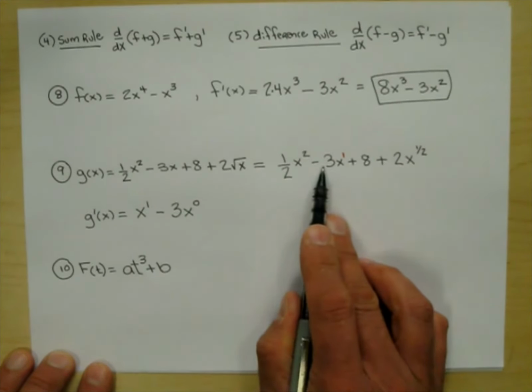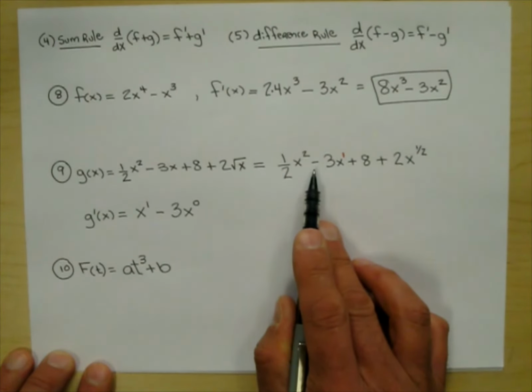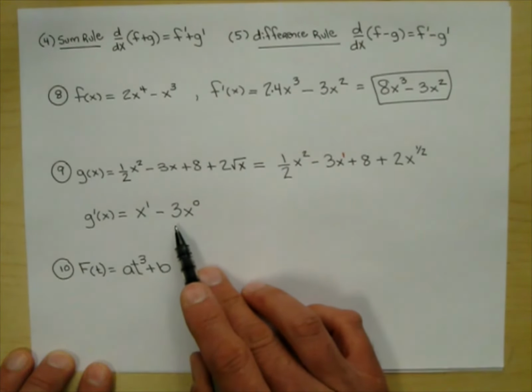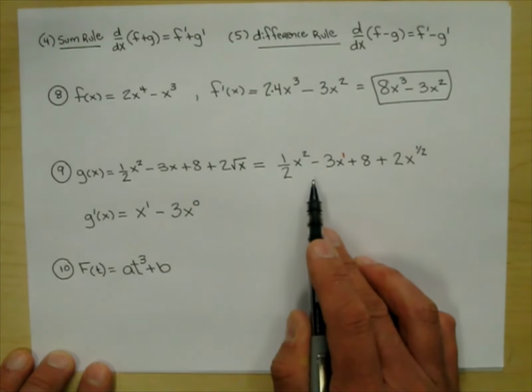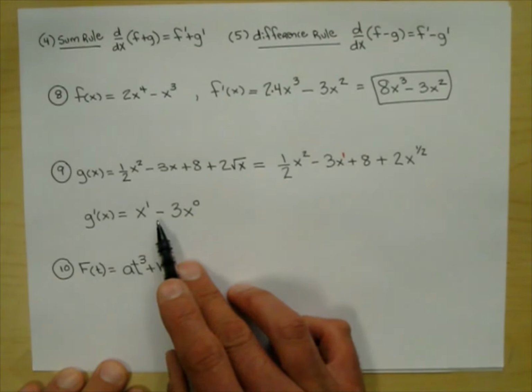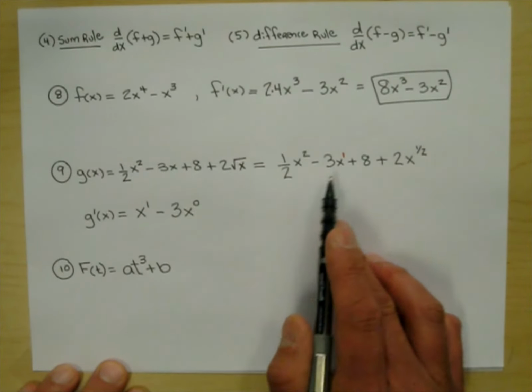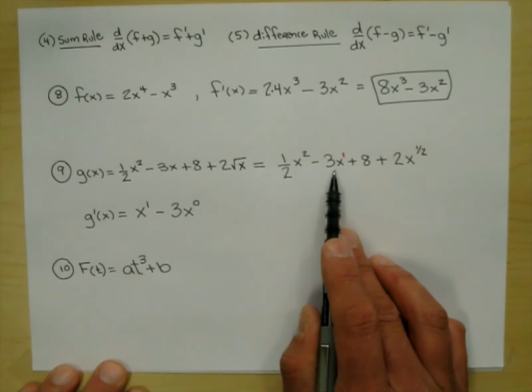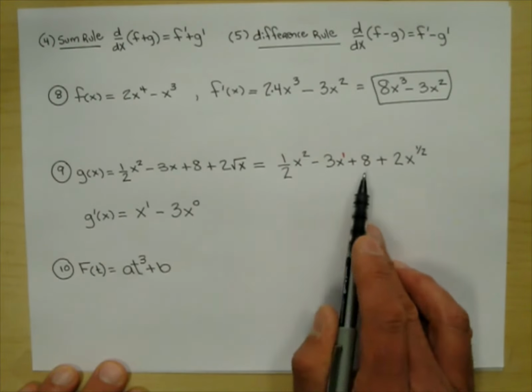And that takes care of that one. So next time, maybe when you see a negative 3x, you'll say, oh, the derivative is negative 3, because that x to the 0 is going to be 1. You could also think of this as the graph of y equals negative 3x is a line that has a slope of negative 3. And so there are many ways of thinking of this.